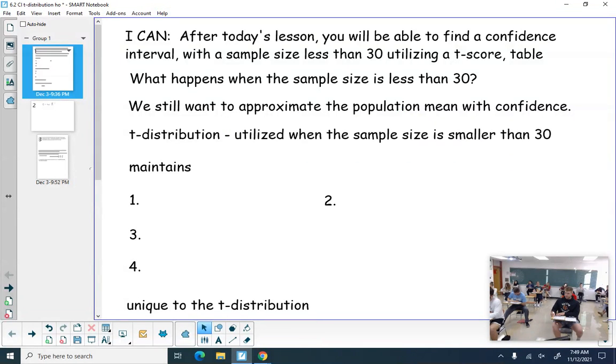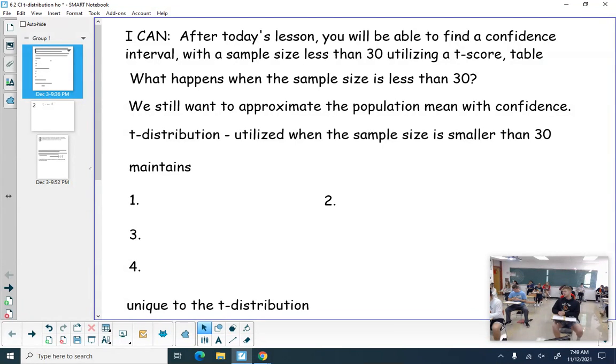A t-distribution is utilized when our sample size is less than the value of 30. Once again, statisticians still want to get a good estimate of the population mean, the population standard deviation, whatever our population parameter is. We'll talk about a proportion later, or at the beginning of next week, and that gives us our percents.